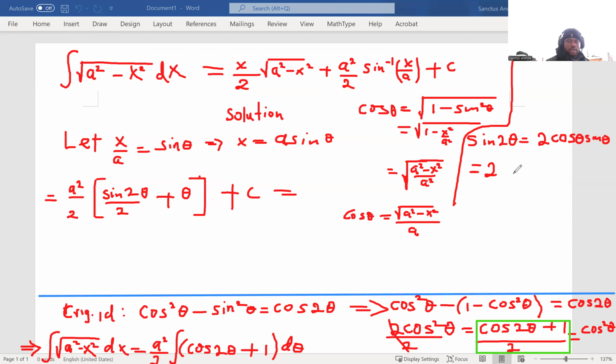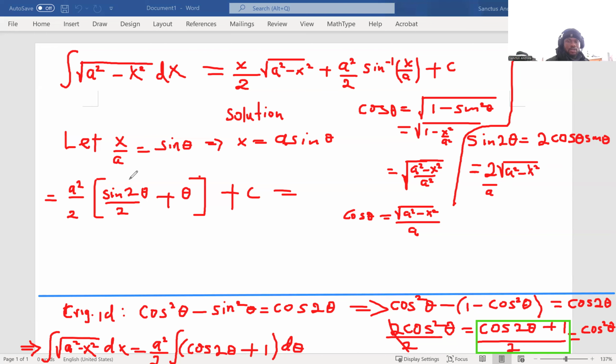So we'll fall back here. So we'll have 2 square root of a squared minus x squared over a. Okay. Then what is sine theta?